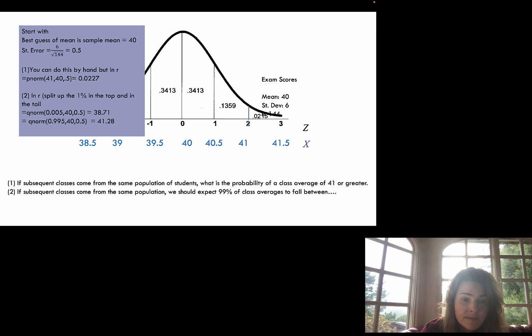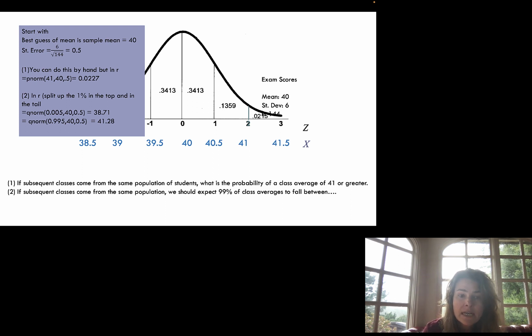We could do all of this by hand, but we can get our p-score from our normal distribution for 41. There's about a 2% chance, 2.25%, that you would see that even if things are the same.